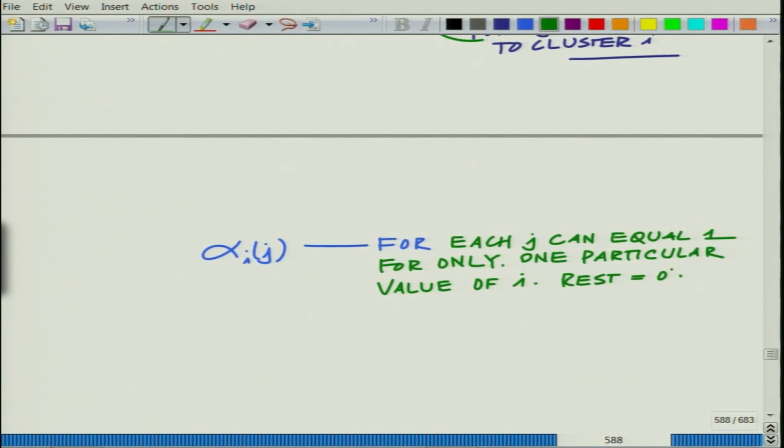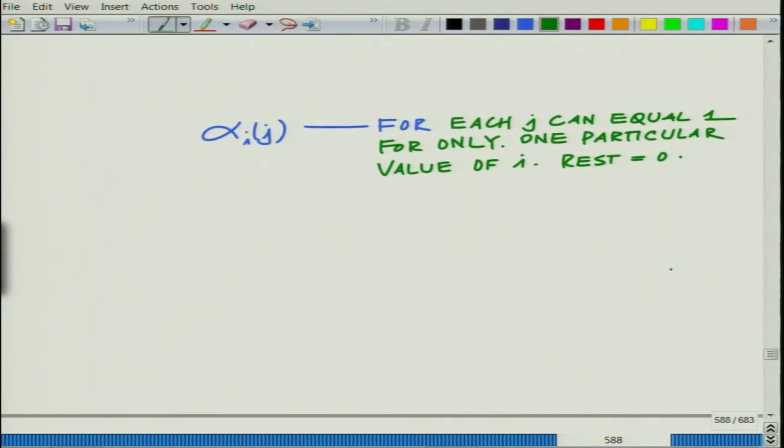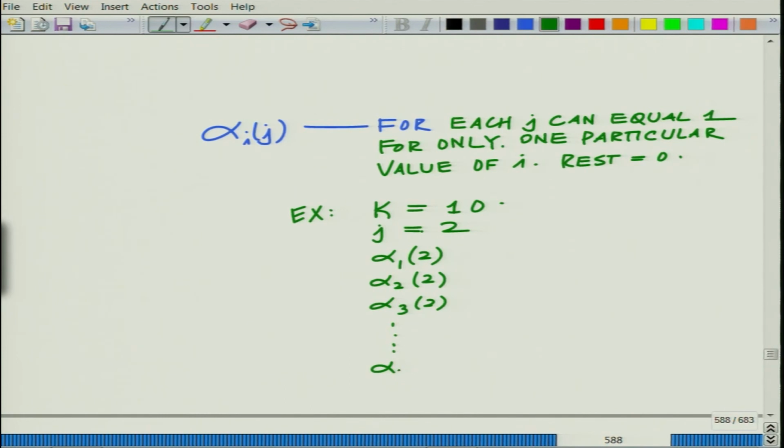The rest equal 0. Example, let us take k equals 10 clusters, and look at j equal to 2, the point number 2. Then we have alpha 1 of 2, alpha 2 of 2, alpha 3 of 2, and so on up to alpha 10 of 2. Let us say point number 2 is assigned to cluster 3.